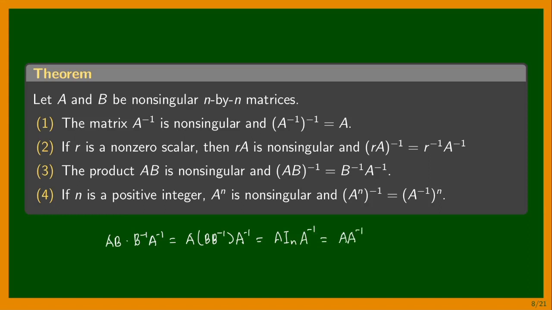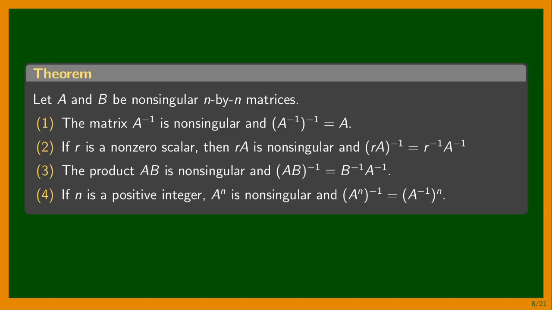It just gives us A inverse, and this is going to be I_n. And in a similar fashion, we can write B inverse A inverse times A times B, and this, as you can see, will also reduce to the identity n by n matrix. This is why B inverse times A inverse is the inverse of the product A times B.